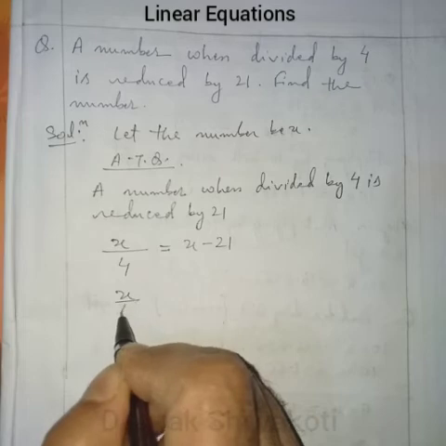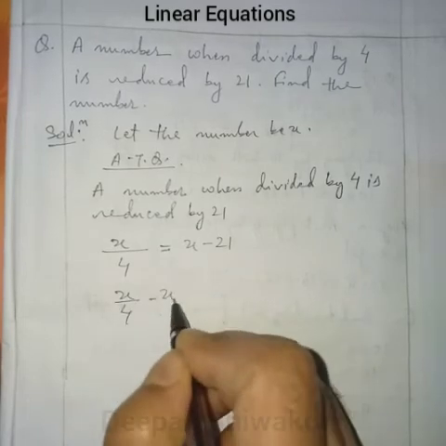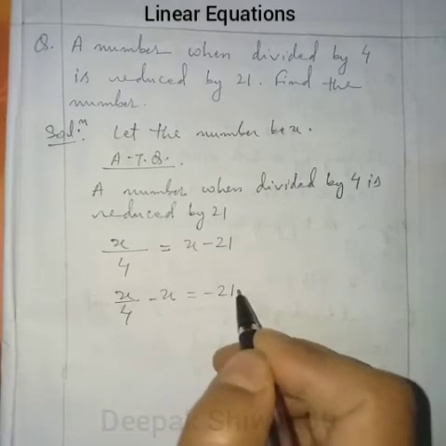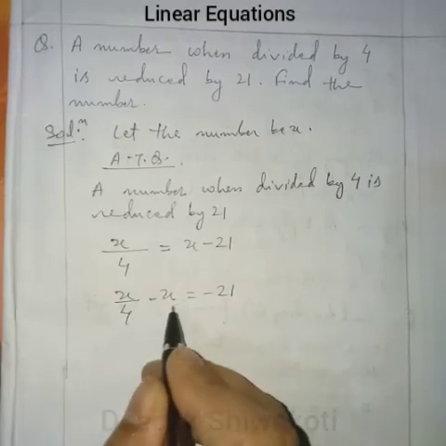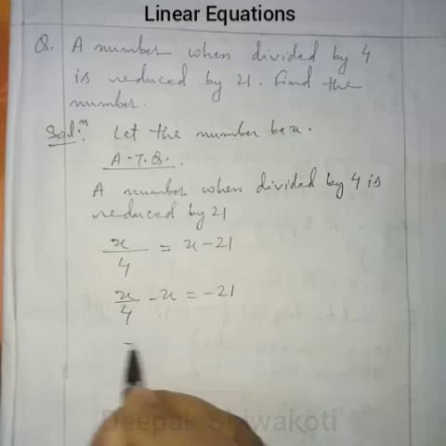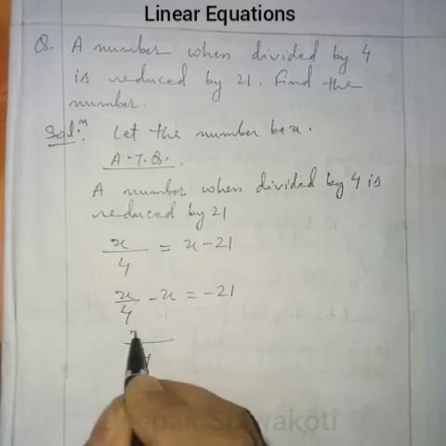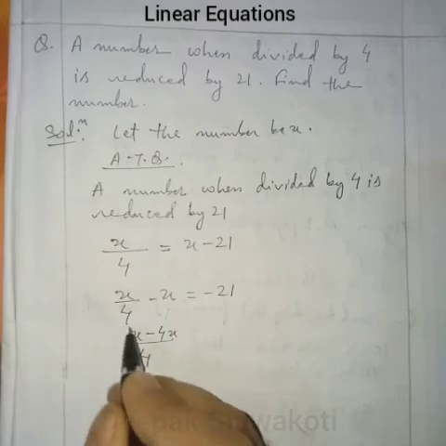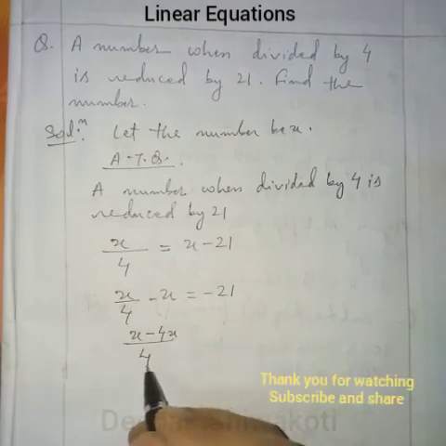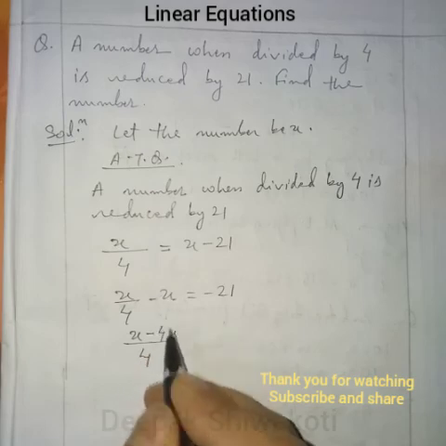X by 4, this x will come this side, x, it is minus 21. Okay, and here LCM of this, here is 1 in the denominator. Okay, so it will be 4 here, x minus 4x, 4 1s are 4, 1 into x is x, 1 4 times is 4, 4 into x is 4x.